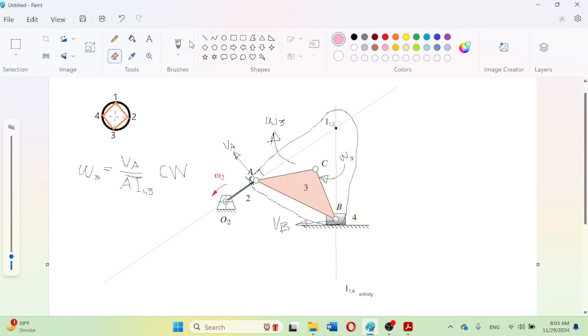So I can draw a line parallel to this line through point O2, like this, for example.